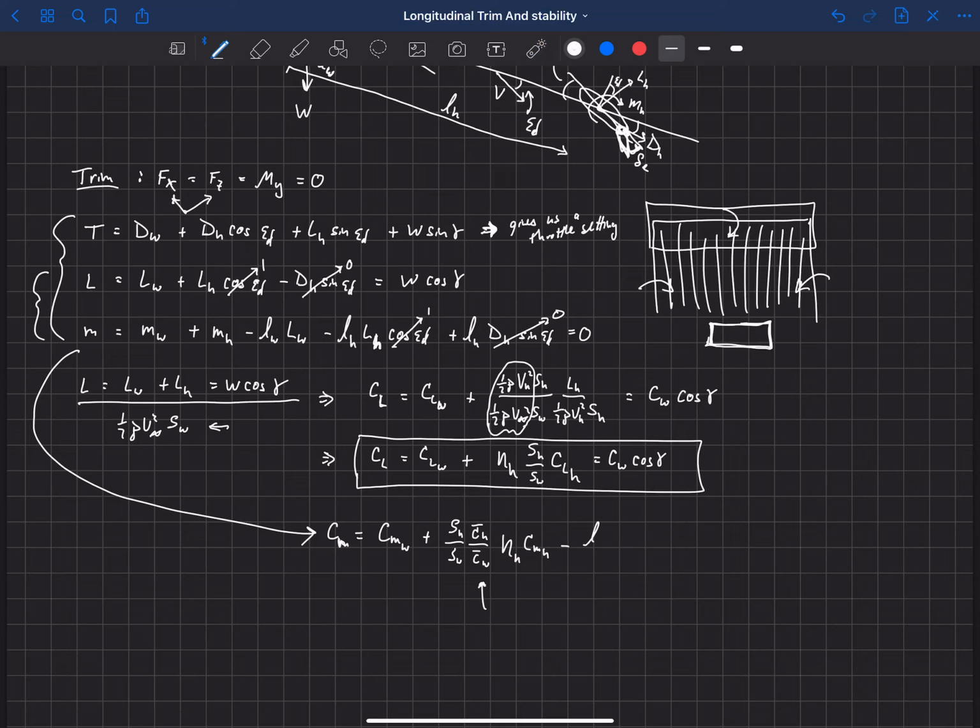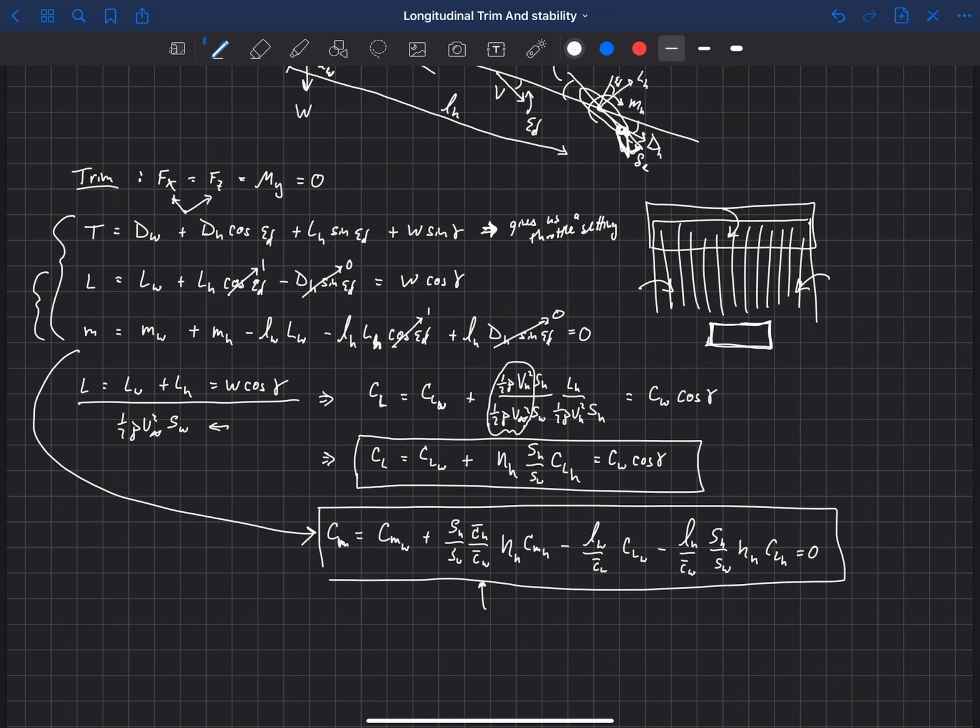And then we've got minus L_W over C bar wing times the lift coefficient of the wing, minus L_H over C bar W, S_H over S_W, eta sub H, C_LH, and that whole thing has to be equal to 0. So this is our pitching moment equation in non-dimensional form. These two equations have to be satisfied in order for us to be trim, and we'll dig into that a little bit more in the following lessons.